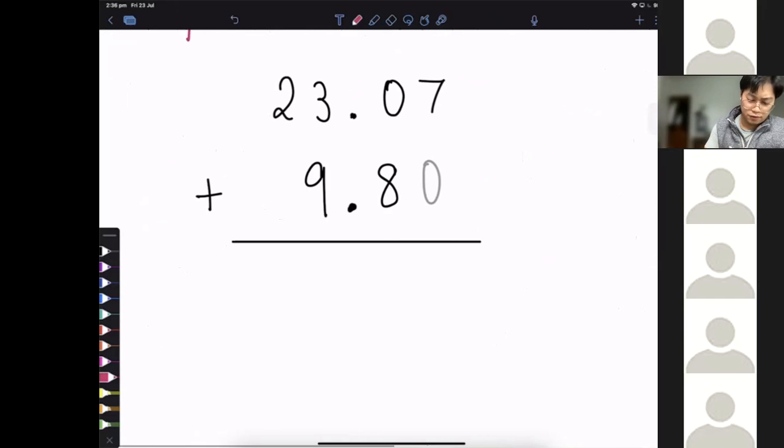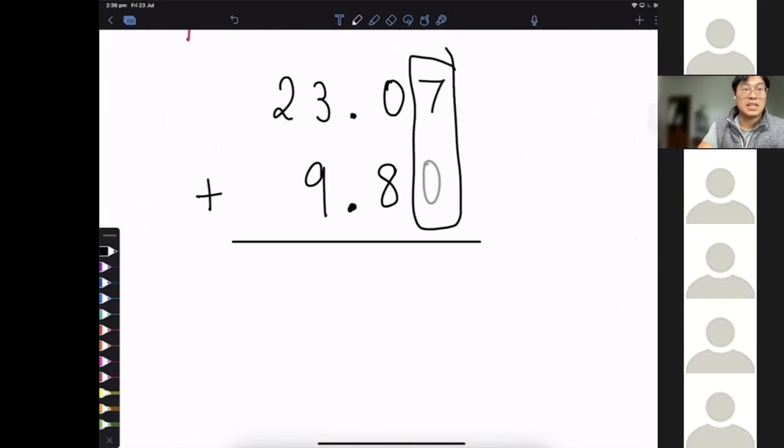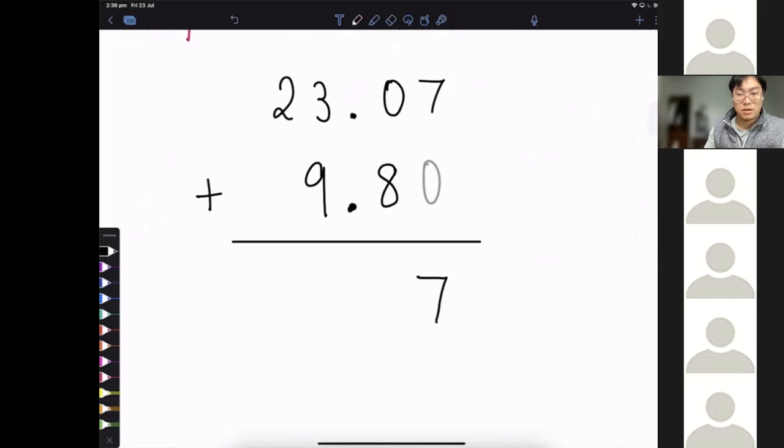So say this is our first bit. We go 7 plus 0 because we're adding. Thanks, Angelina. That's fantastic. 7 plus 0 is 7. 0 plus 8 is 8. You see our decimal point? You can put it in now if you want to, because it still lines up. 3 plus 9, that's 12.